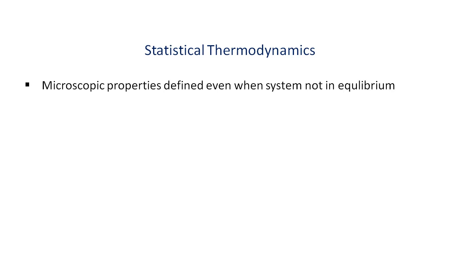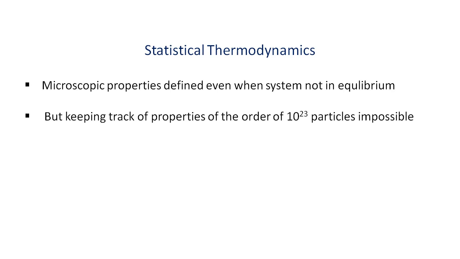But the problem is that keeping track of the properties of each and every atom or molecule is practically impossible. In other words, applying quantum mechanics to this entire system is not practically possible.